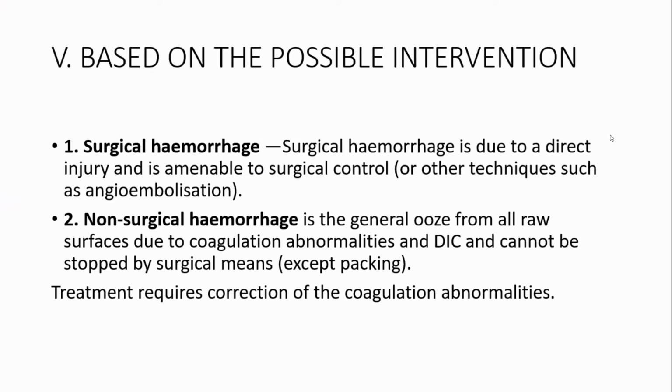But sometimes you may see the patient has non-surgical hemorrhage. The patient has coagulopathy. Because of this coagulopathy, the patient may bleed, and we can't do much with surgical intervention in this patient, and we need to treat with coagulants and different blood products to correct the coagulopathy in this patient.